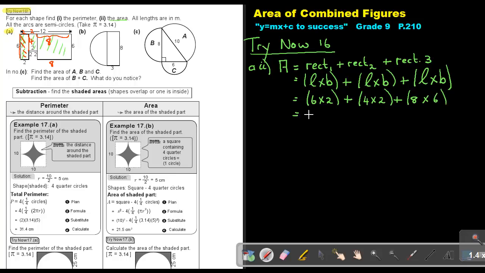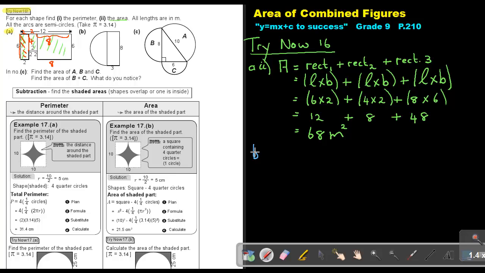And then if I work it out, I will get 12. This one, I will get 8. And this one, I will get 48. And if I add all of them up, I will get 68. All is in meters, so this will be meter squared. Okay. I said I'm just going to want you to write the plan of this one.